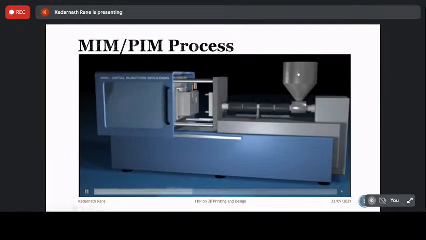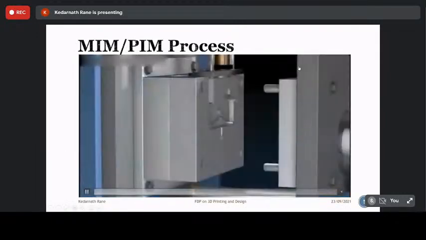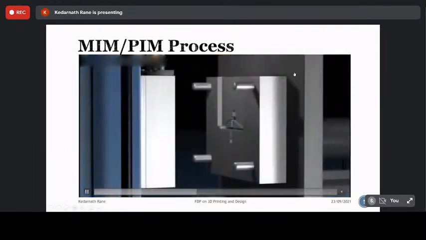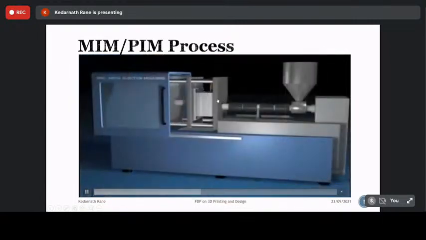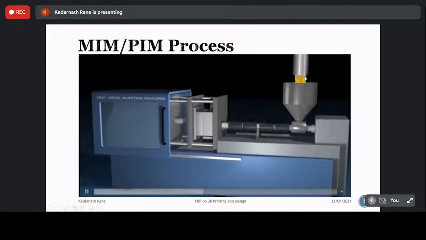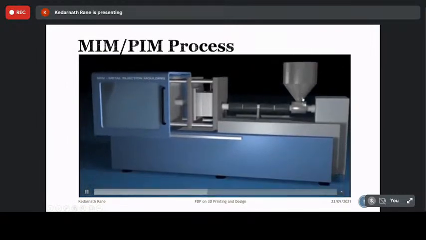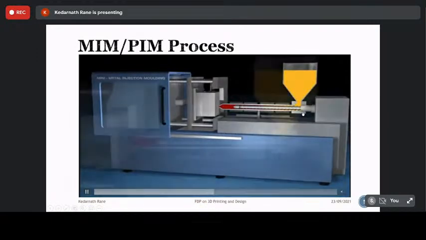You charge the material here in the hopper. The molds are getting closed. You are putting the material in the hopper. Because of the non-metallic polymer constituents, it is easy to melt this kind of feedstock.